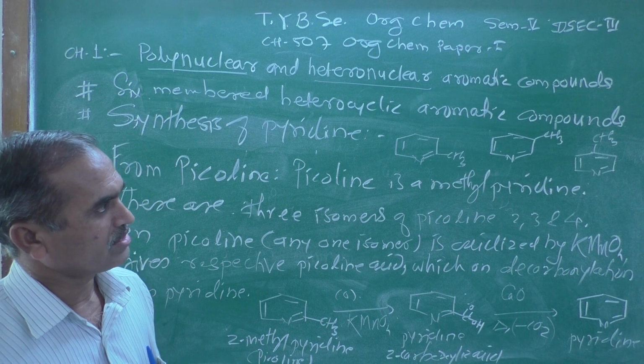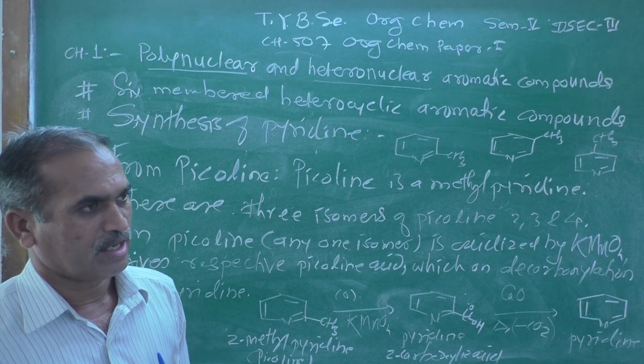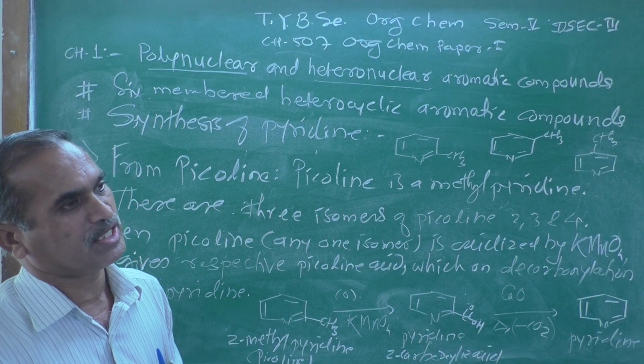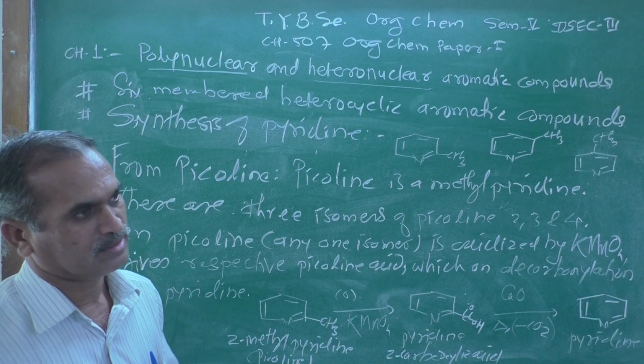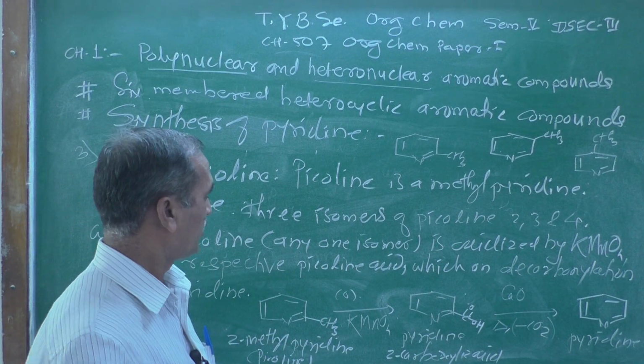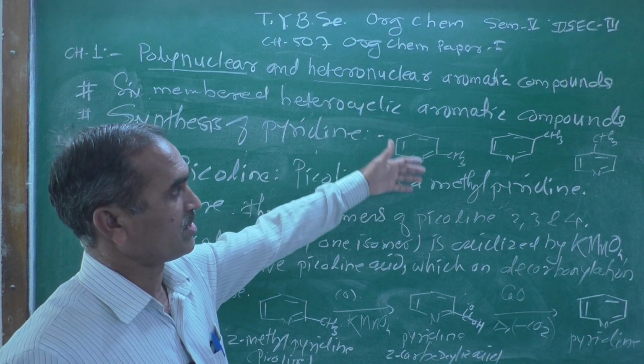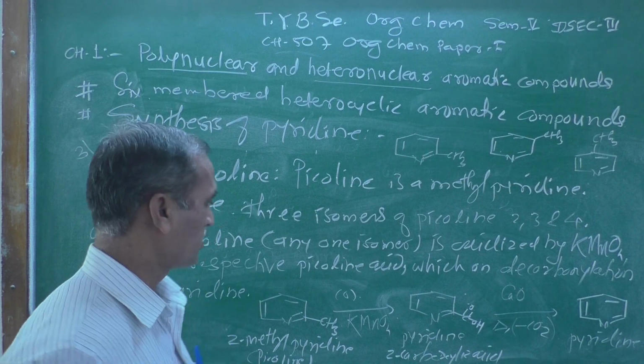all have the same molecular formula but different structures, and the relationship between these compounds is that they are known as isomers of each other, but their properties are very, very different from each other.